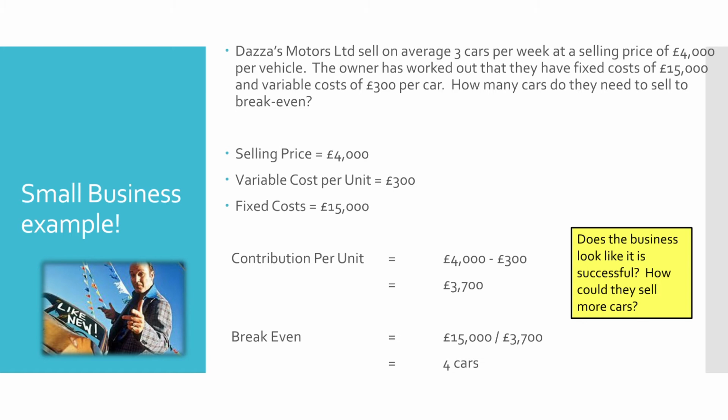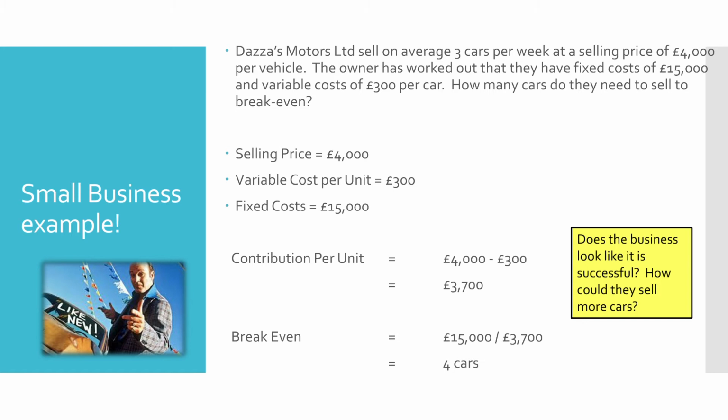300, fixed cost 15,000. So if we look at the contribution per unit, so what are we getting per unit of sale? We take 4,000, what we are receiving, minus the variable cost per unit, which gives us £3,700 received per car.